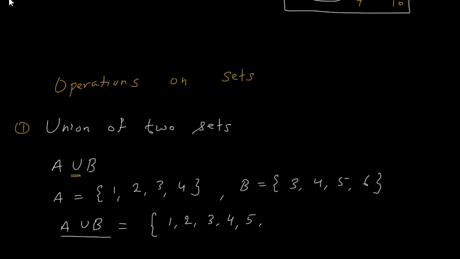So what we are doing in this set, we are writing all the elements which are present in A and which are present in B. The elements which are common, see, 3 and 4, these elements we are writing only once. So in a set, as we discussed earlier also, if there is repetition of a member, then we write it once. So here also A union B includes 1, 2, 3, 4, 5 and 6.